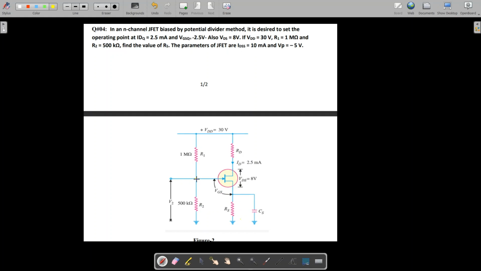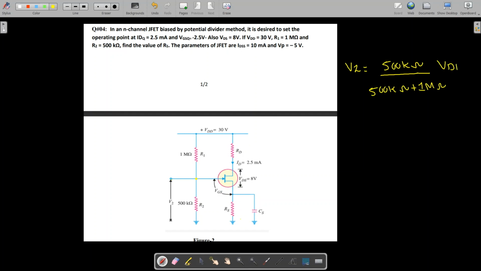Now, this V2 can be found using the voltage divider rule. This V2, which is over here, will be equal to 500 kilo ohm divided by these two resistors, which is 500 kilo ohm plus 1 mega ohm, multiplied by this voltage, which is the VDD.